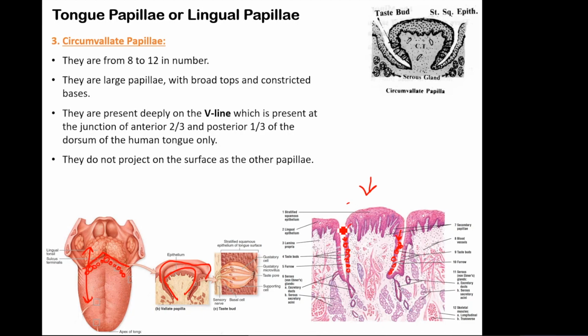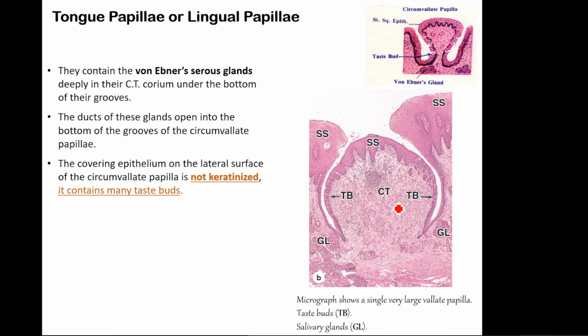In this kind of papillae, guys, it's interesting that they have serous salivary glands here. Look at these glands. These are located just below the furrow, below this slit. Why? Because their serous secretion, which is watery, will wash out this crypt or furrow and wash out the taste buds.